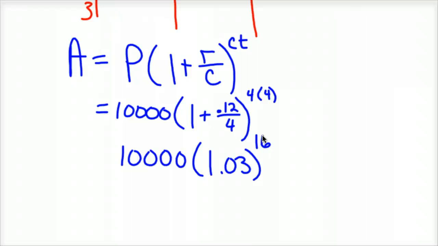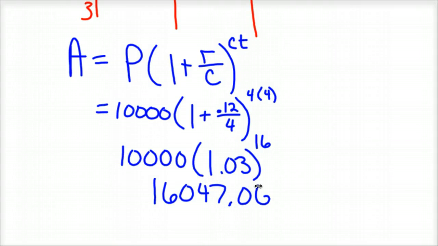And so you pop that baby into a calculator. So 10,000 times 1.03 caret 16, and you get $16,047.06.